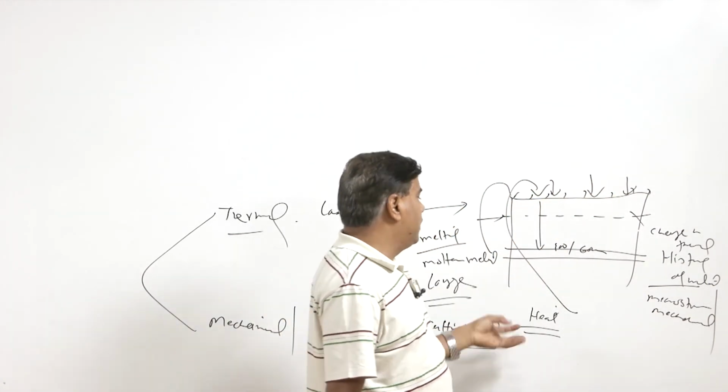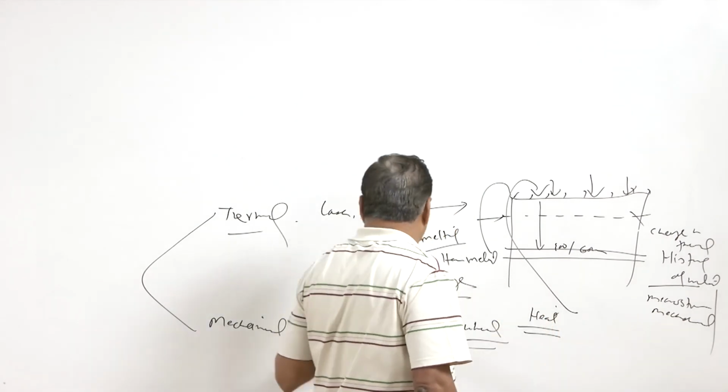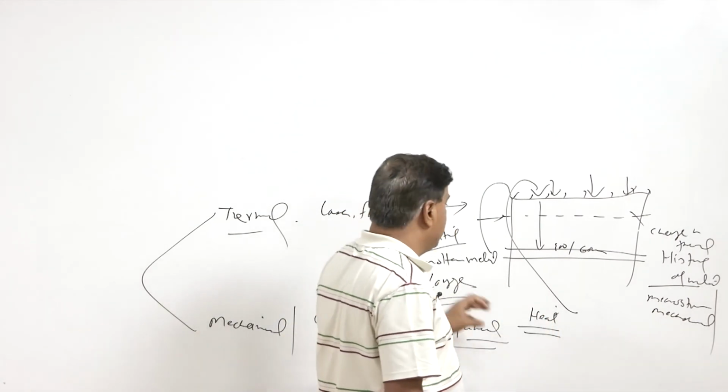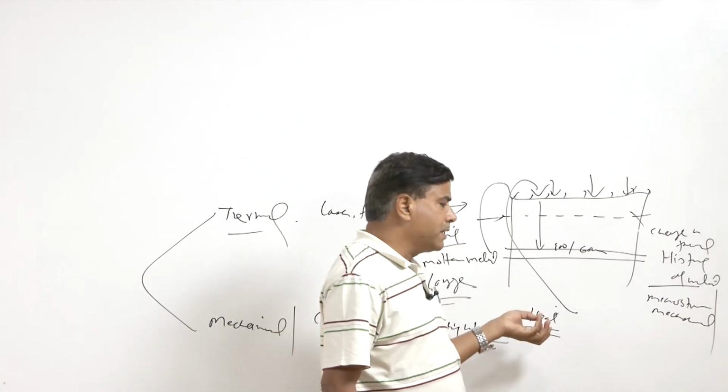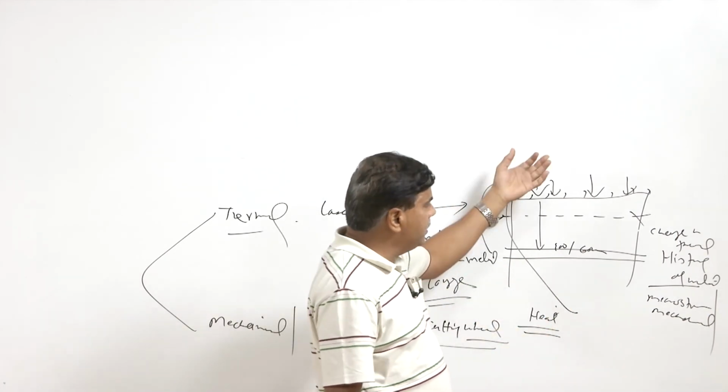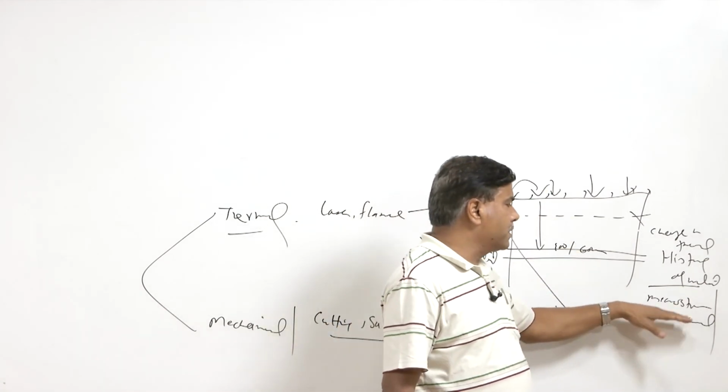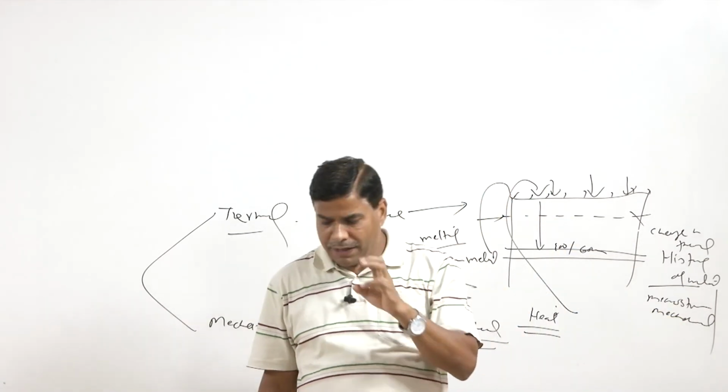The heat generated during the cutting, during the sawing or the grinding, when cutter grinders are used, may also lead to a change in structure and mechanical properties. So we need to be very careful.